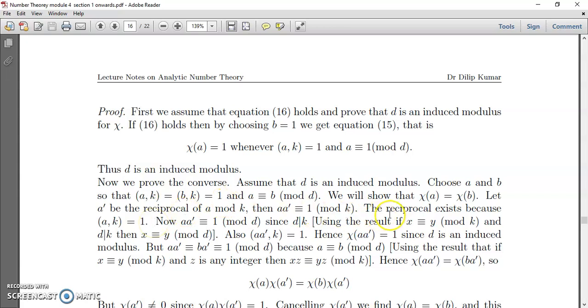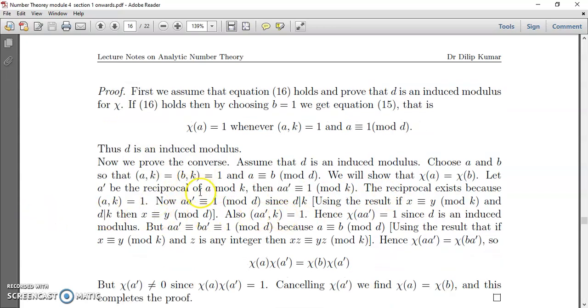Now since a a prime is congruent to 1 mod k, and we have already studied that if x is congruent to y mod k, and if d divides k, then x is congruent to y mod d also, in the same way a a prime is congruent to 1 mod d, since d is a divisor of k.